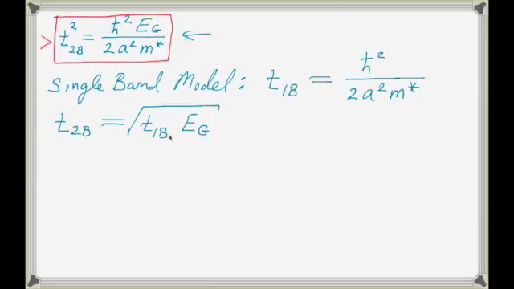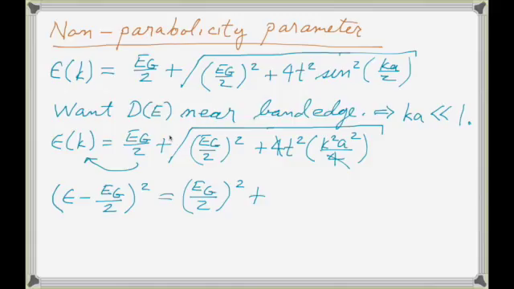Then this term has h bar squared, the band gap, and the a squares cancel out. Then I just do the squares.